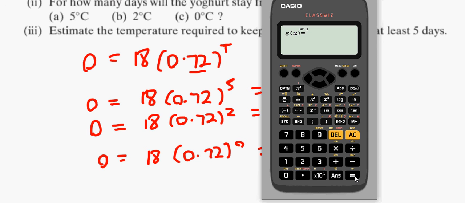Start at -5, end at 5, do a step of 1. What are we looking for, guys? 5 days, is it? Somewhere in between 3 and 4.